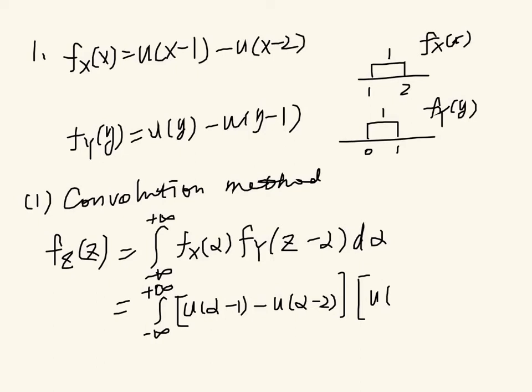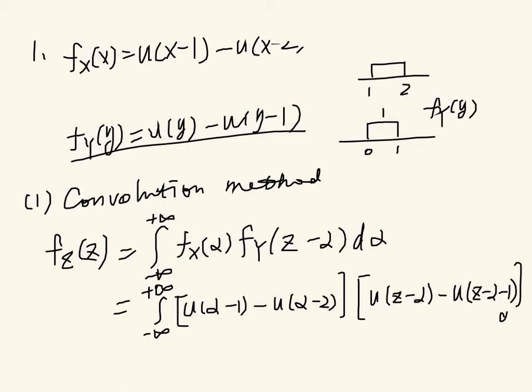We change all of the y in f of y into z minus alpha. This is u of z minus alpha minus u of z minus alpha minus 1 d alpha.